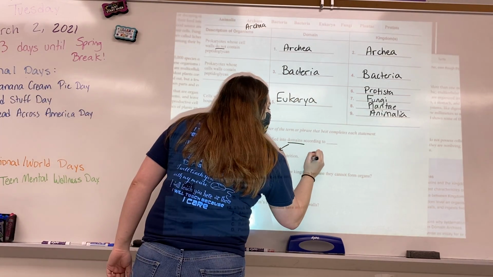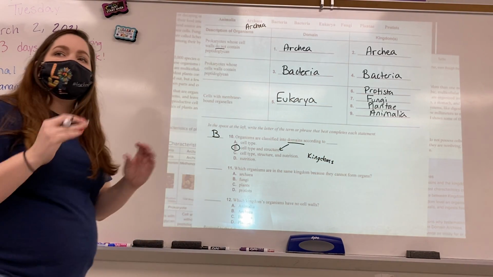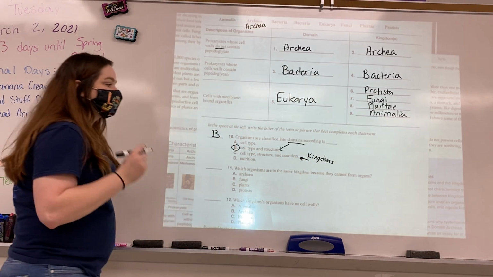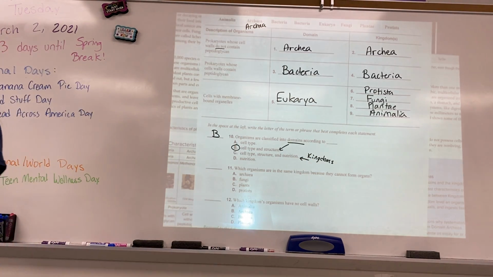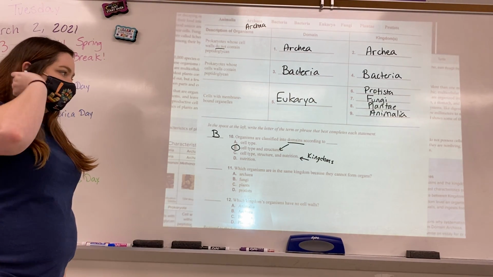Your kingdoms are a little bit more specified, a smaller level of classification, so they look at cell type, structure, and nutrition. How is that organism going to get food? So 10 is B for domains.